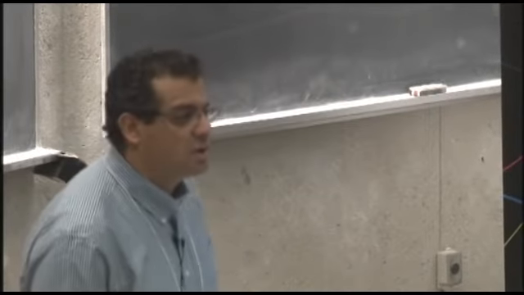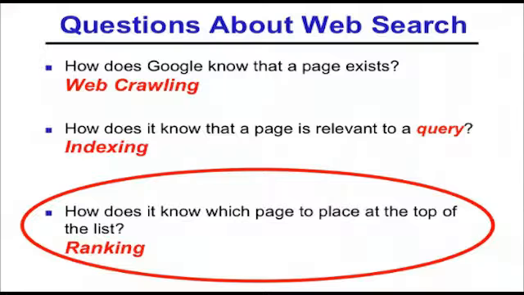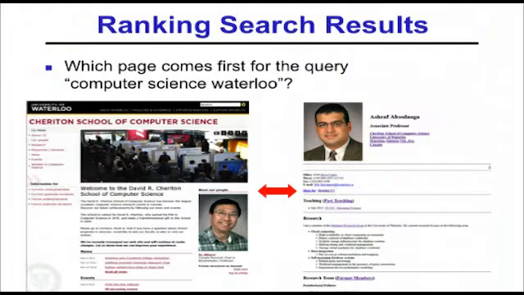So we found all the web pages that refer to computer science or that talk about computer science in Waterloo. Which one should we show first? And this is the question of how to rank the web pages, web page ranking. So I showed you 2 pages, and both of them have the words computer science Waterloo.